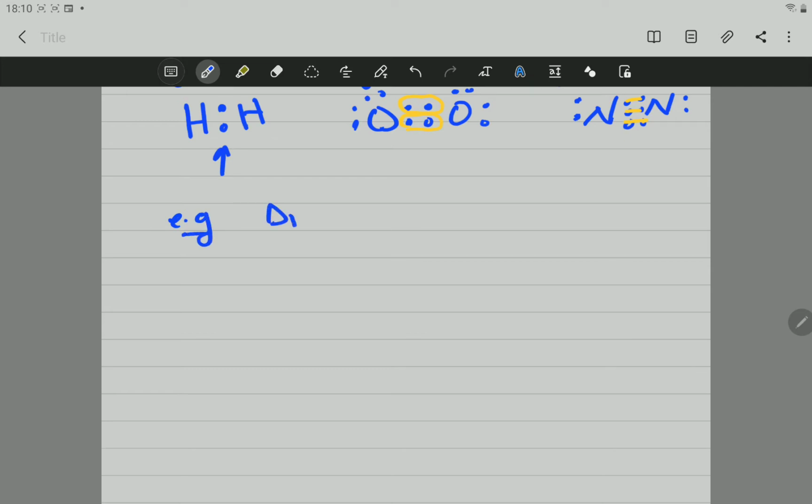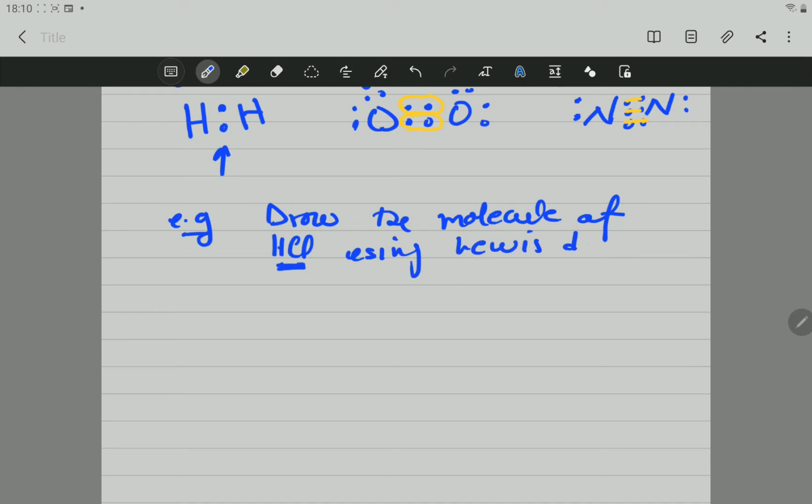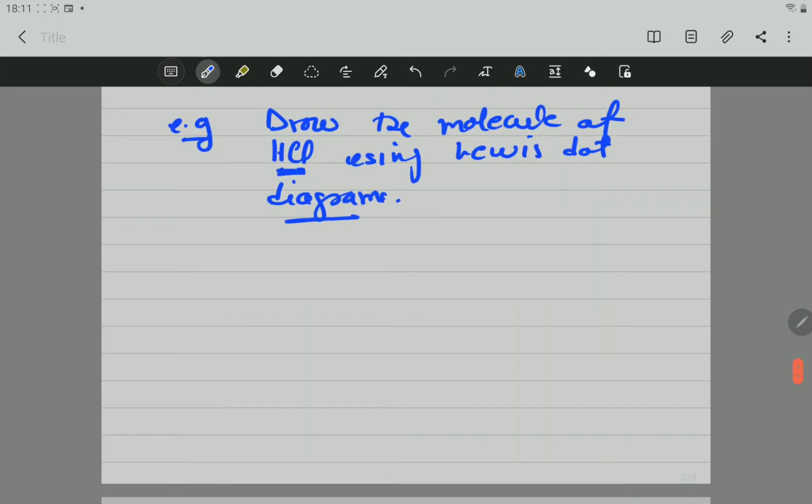Example: draw the molecule of hydrogen chloride using a Lewis dot diagram. To do this, the first step is to draw the Lewis dot diagram of every atom that is involved in the molecule.